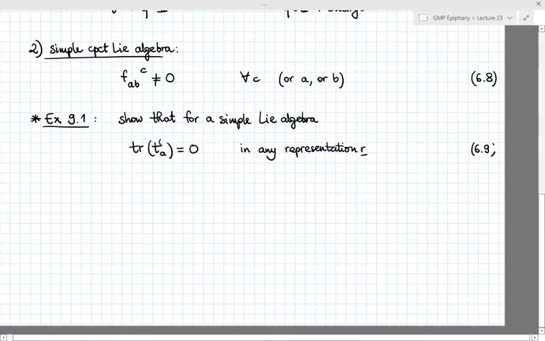So let me call the representation R. So I'll write trace of T^A in R is equal to 0. To prove that, you'll need to use the Lie bracket in 6.1 and 6.8.